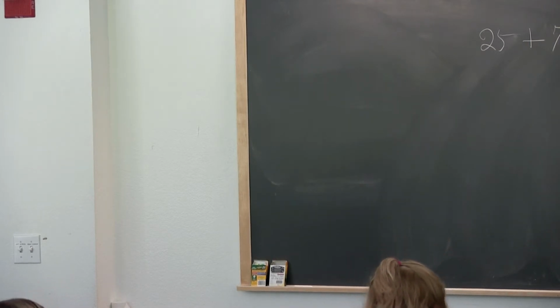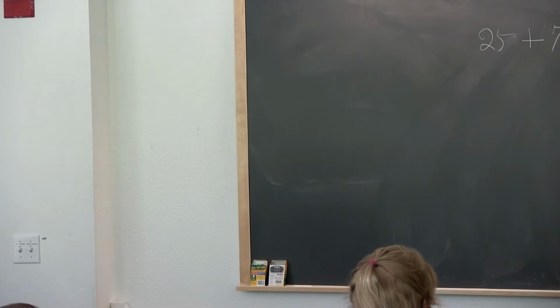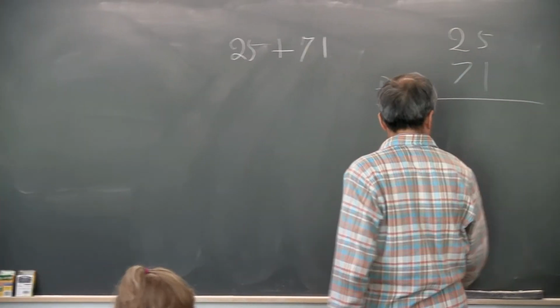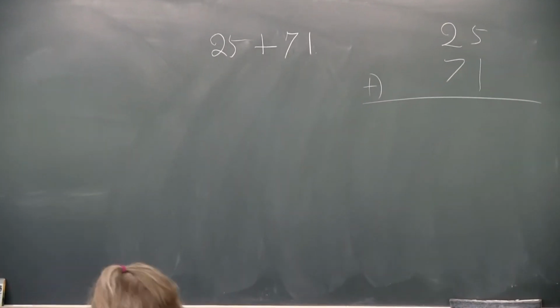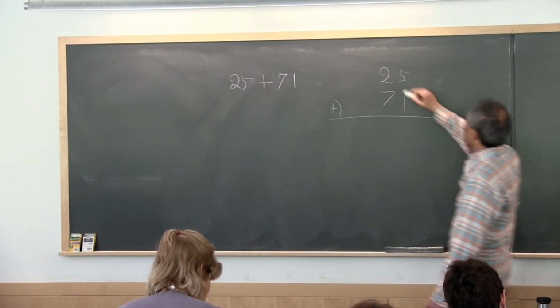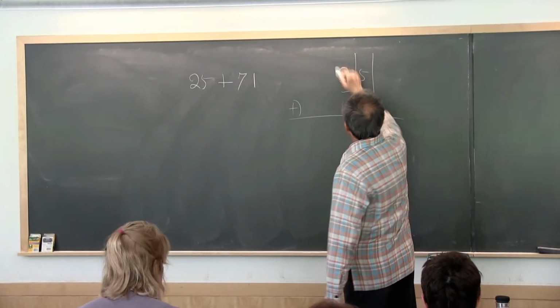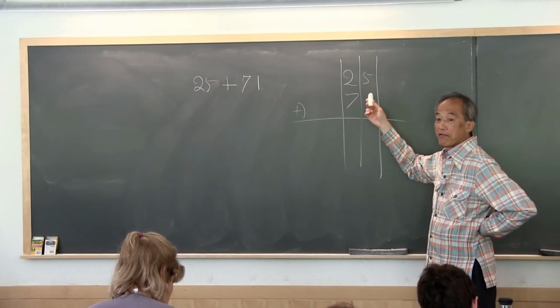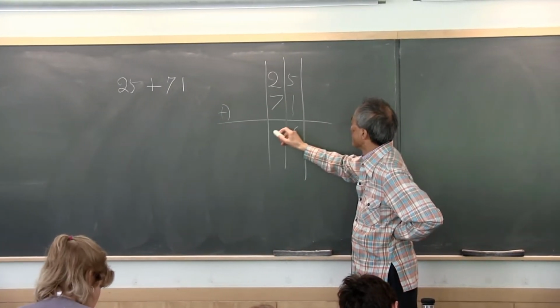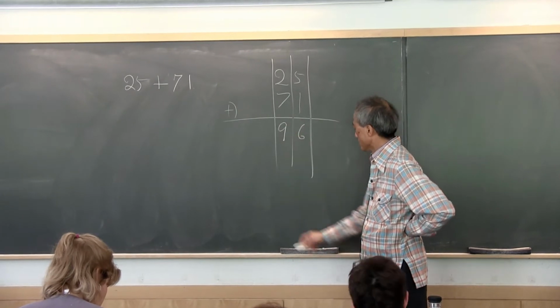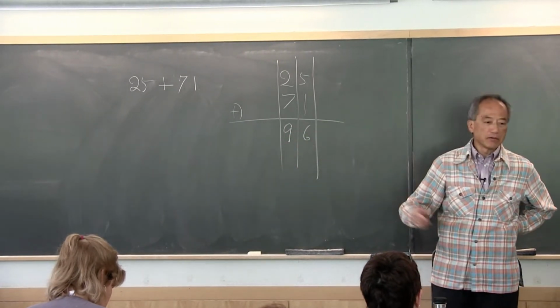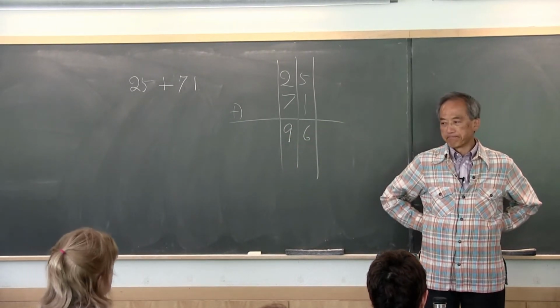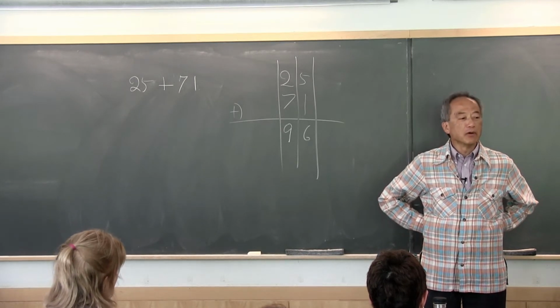Line them up, and then go column by column. 1 plus 5 is 6. 2 plus 7 is 9. That's the answer. What else do you want to know?